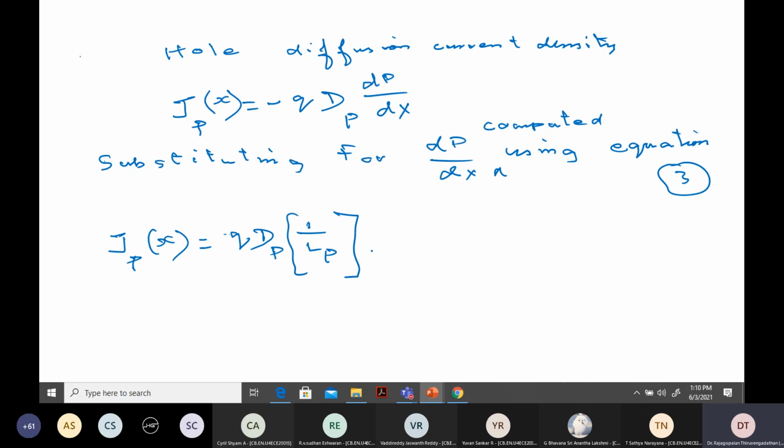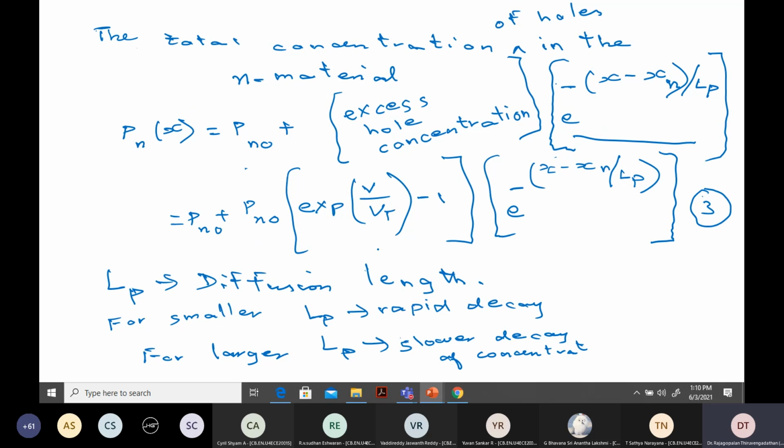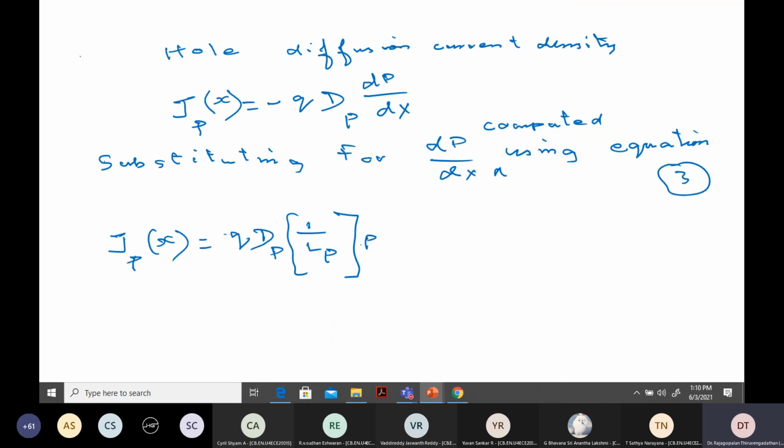Rest of the terms you will see, everything will vanish except that, because Pn naught is constant, dependent only on the carrier concentration. It is not a function of x. So Pn naught will vanish. So I will have to rephrase only that term.